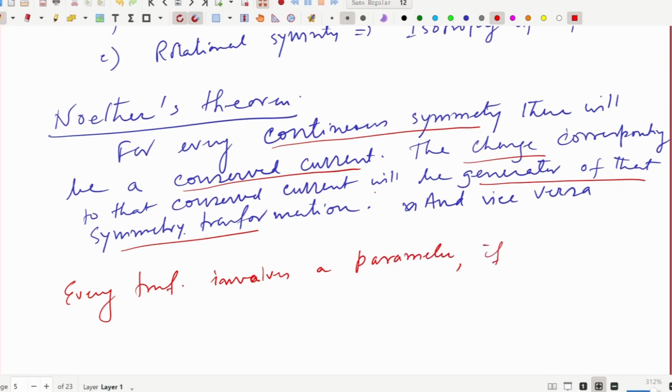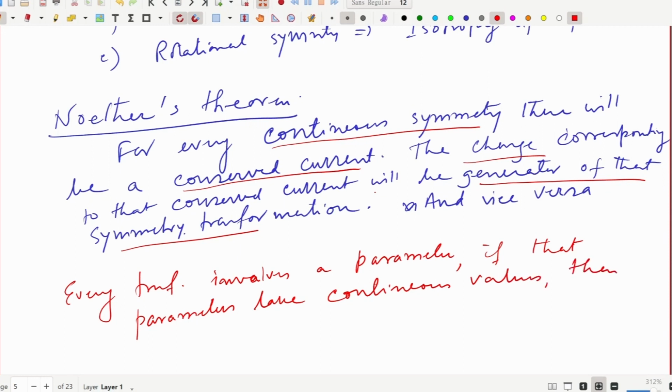If that parameter takes continuous values, then we call it a continuous transformation.